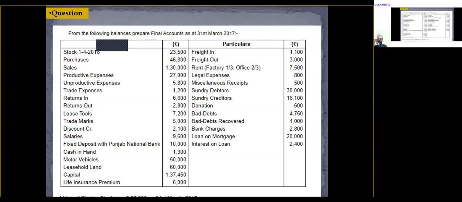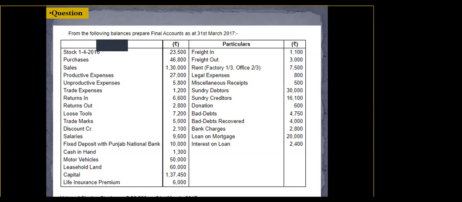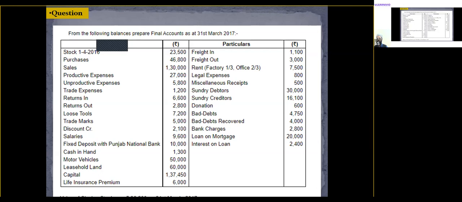Then we have productive expenses. Tell me, where are we going to record these productive expenses? Alexander, Ahmad, where are we going to record the productive expenses? Sir, in the trading account. The trading account. Why is it going to be recorded in the trading account? Why will we be doing that?